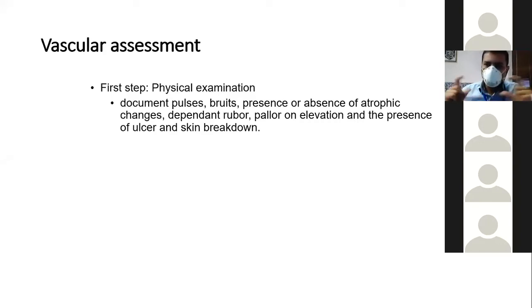What is the pressure on which we say that the patient is suffering from peripheral vascular disease, and what is the ratio? For the toe pressure, if it is lower than 55 mm, or the toe brachial pressure index is less than 0.7, then we say that the patient is suffering from peripheral arterial disease.